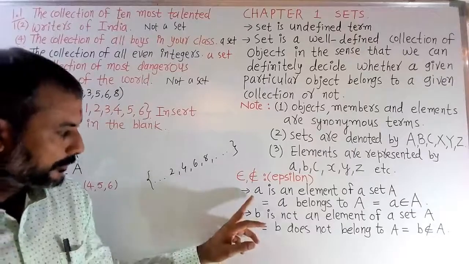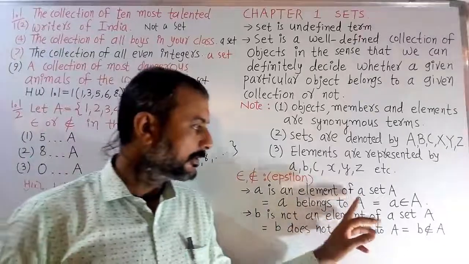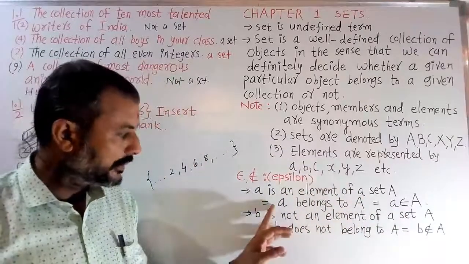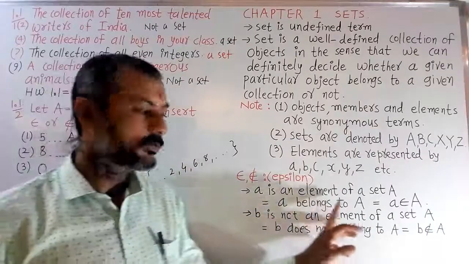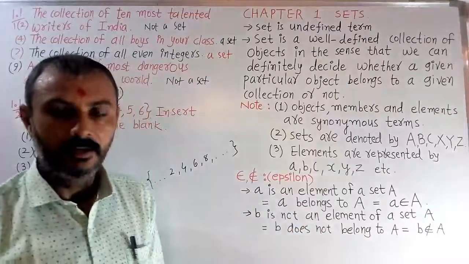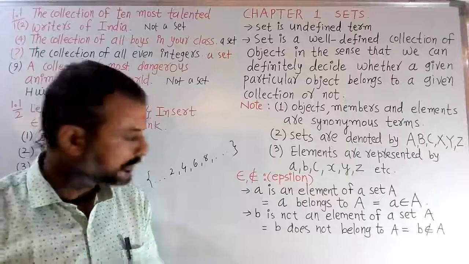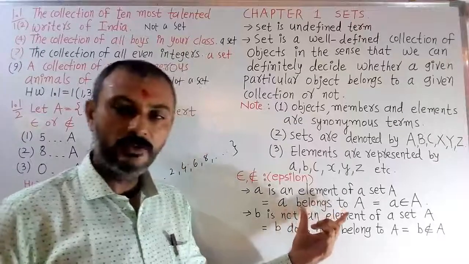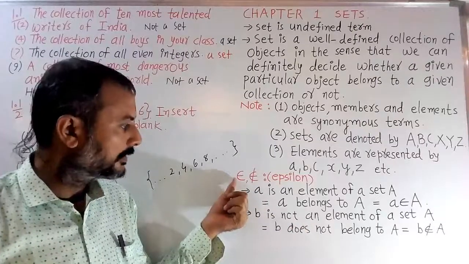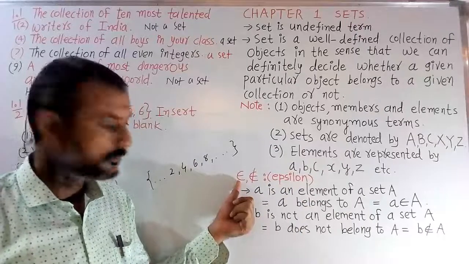So suppose small a is an element of a set capital A, meaning small a belongs to capital A. We write this mathematically using this symbol, epsilon, but we read it as 'belongs to'.